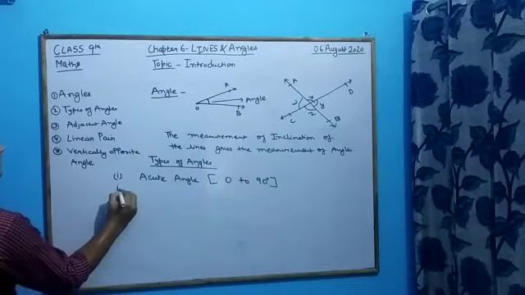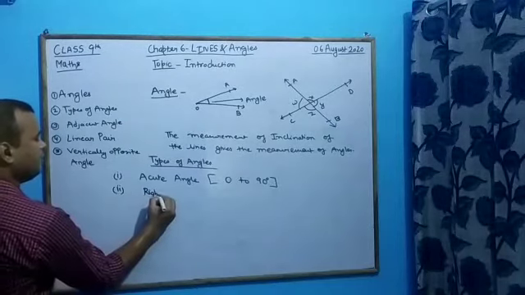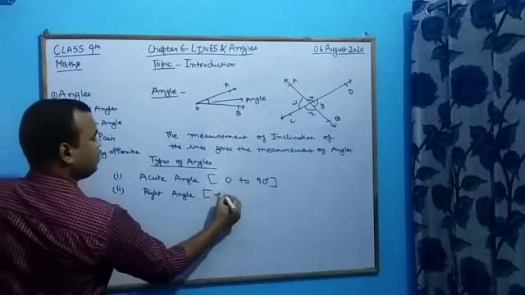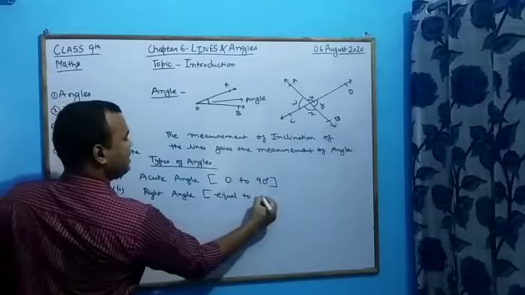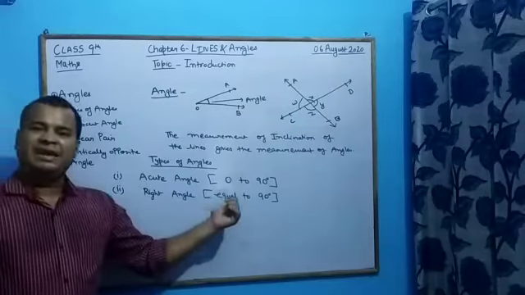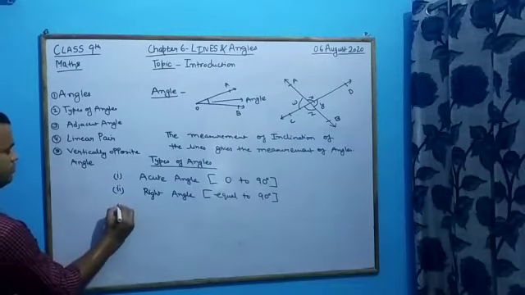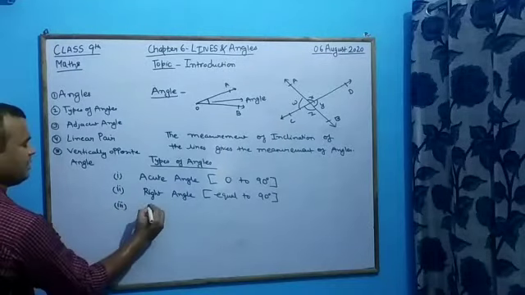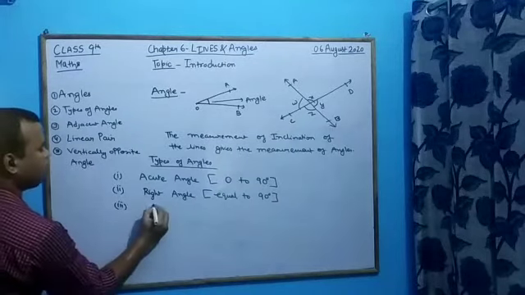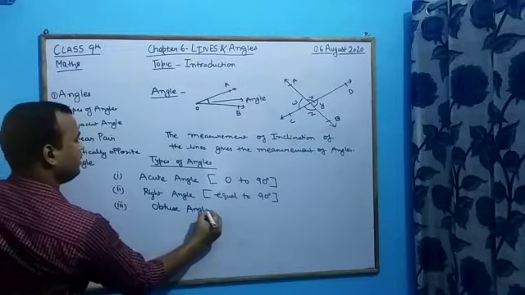Now, the second type is the right angle. A right angle is an angle equal to 90 degrees. The third type is the obtuse angle.